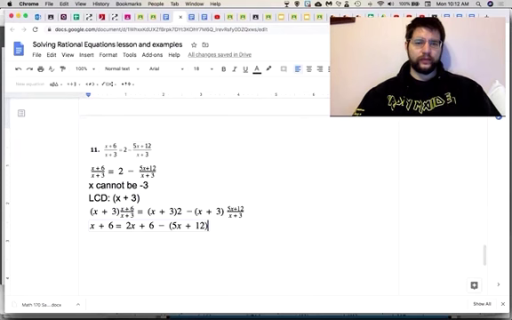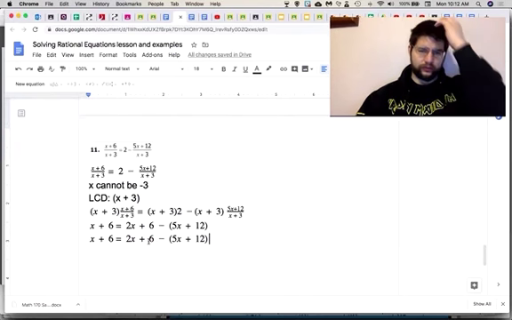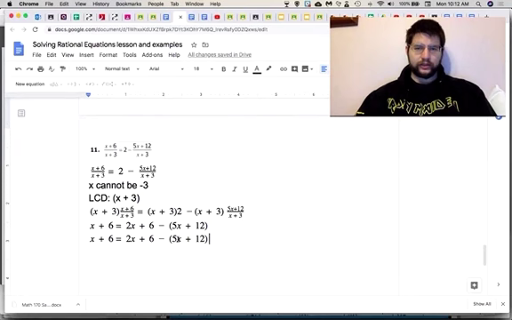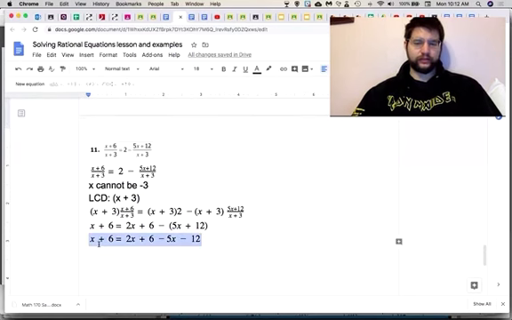Okay. Hey, there we go. Copy that. X plus 6, 2x plus 6. Let me go ahead and just distribute that. It's going to be negative 5x minus 12. Sorry, I'm losing my voice for some reason. Combine your like terms. I'm just going to show another step.